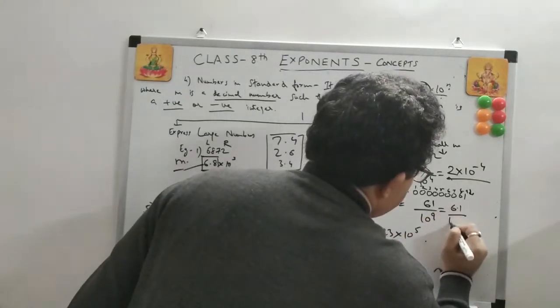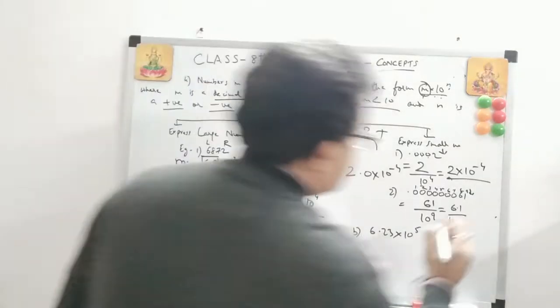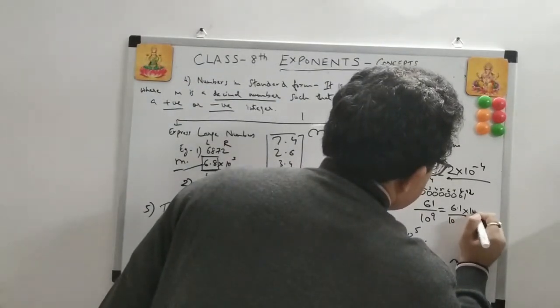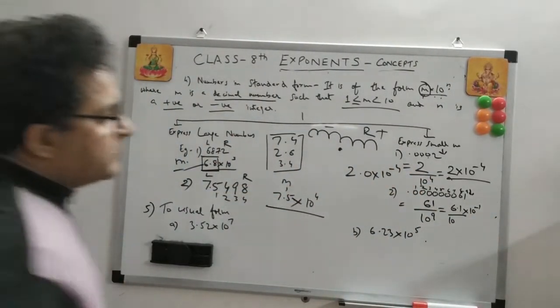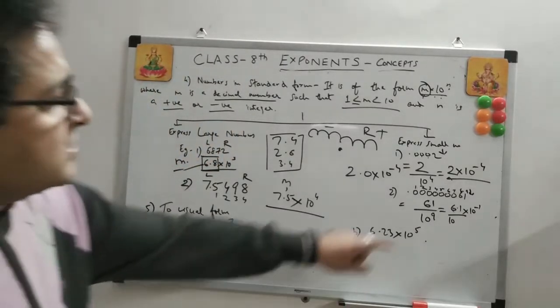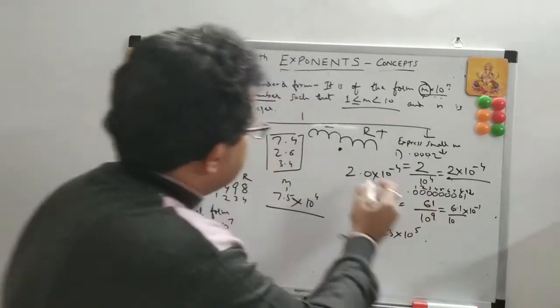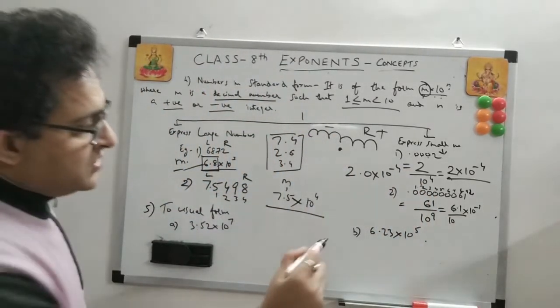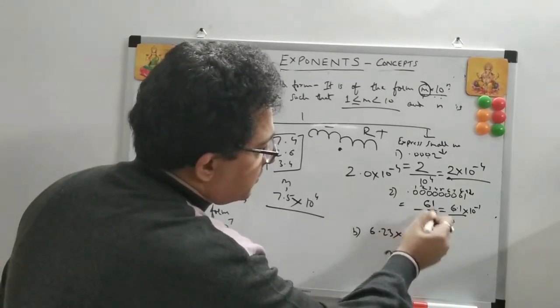So this you can write as 6.1 into 10 to the power -1. See, remember it has to be in standard form. Because now we are shifting one decimal place to the left, it is 6.1, since it was 61, into 10 to the -1.